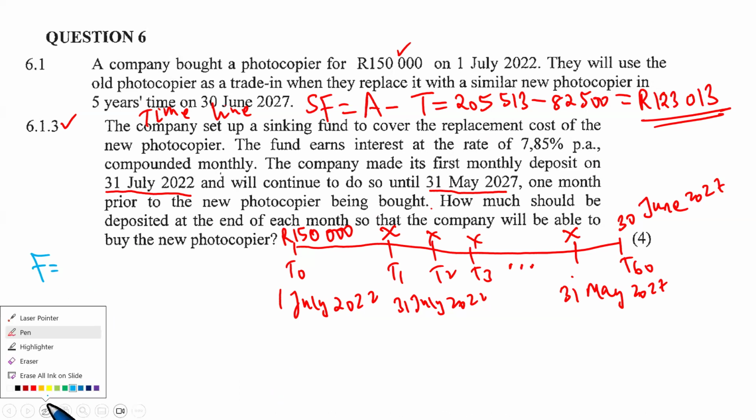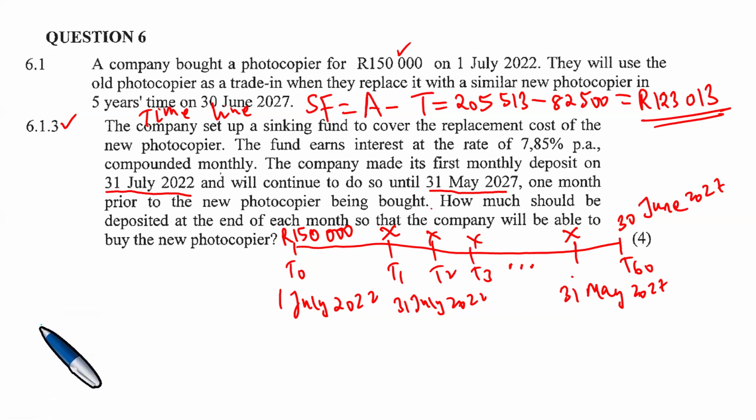So now, which is exactly X, 1 plus I to the nth power.